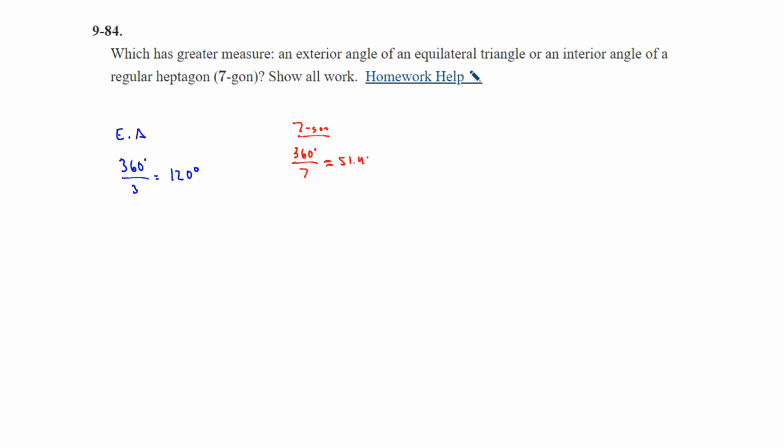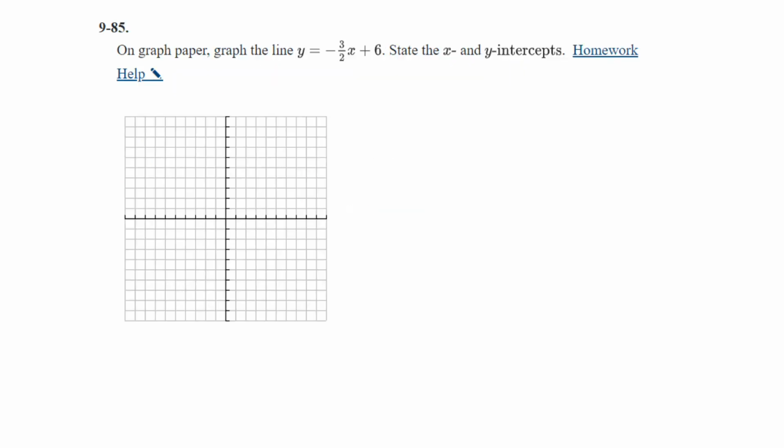And this is going to be the exterior, so to figure out the interior, we will take 180 minus the 51.4 to get an approximation of 128.6 degrees. So which has the greater measure? That's going to be the interior angle of a regular heptagon. That's the one that has the greatest measure.